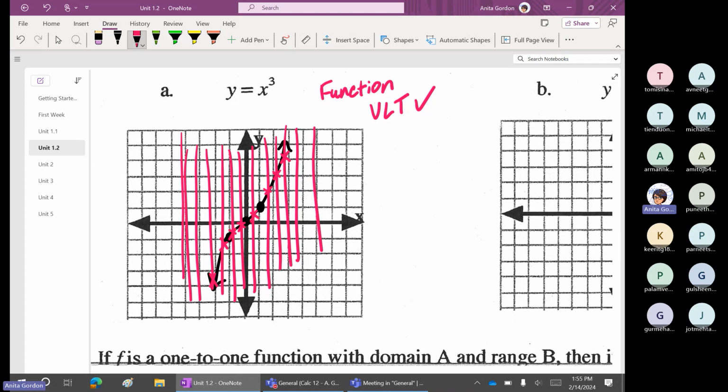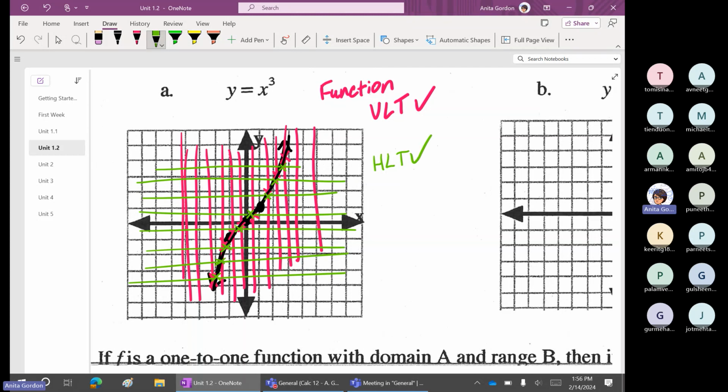Now, if it's a one-to-one function, then I can also do the horizontal line test. If you draw horizontal lines across the graph, and again I'm only comparing it to the original, the black, it's only touching the black graph one time.